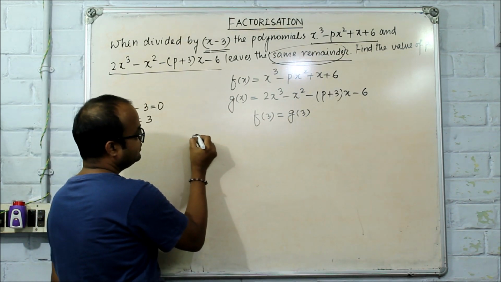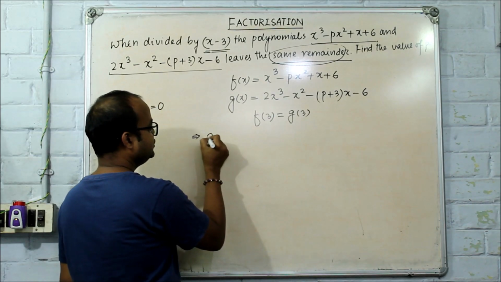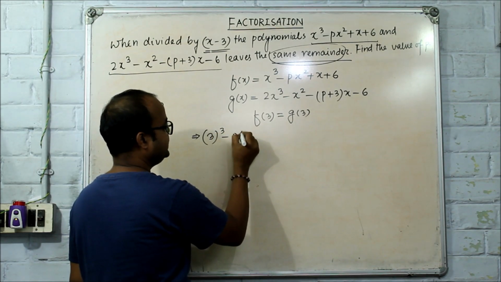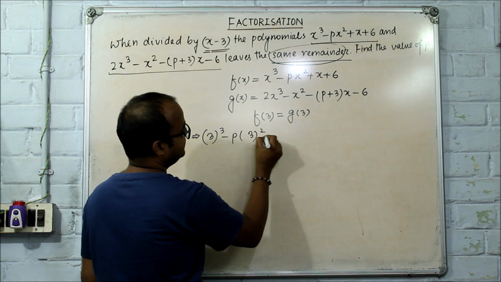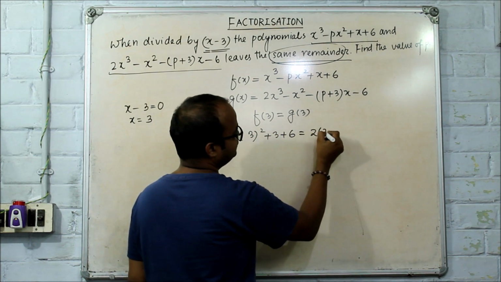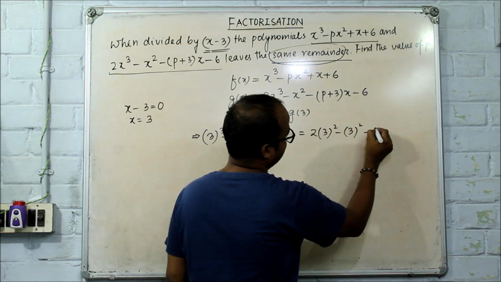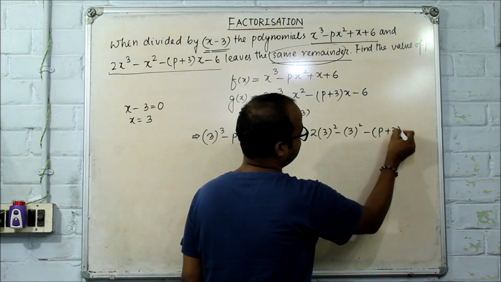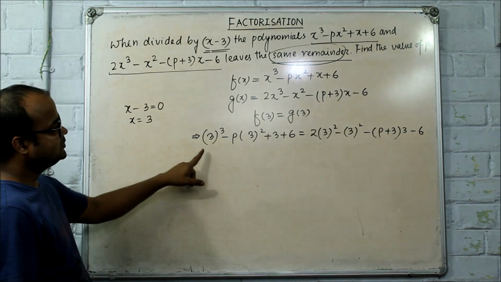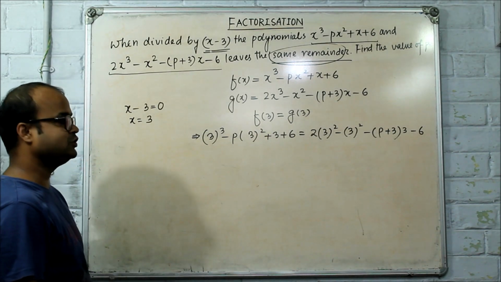So now replace x by 3 in both polynomials. So 3 cube minus p into 3 square plus 3 plus 6 is equal to 2 into 3 cube minus 3 square minus p plus 3 into 3 minus 6. Check what we have done. We replace 3 in both the polynomials.